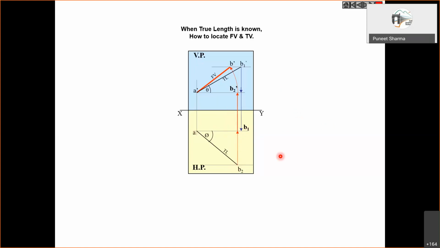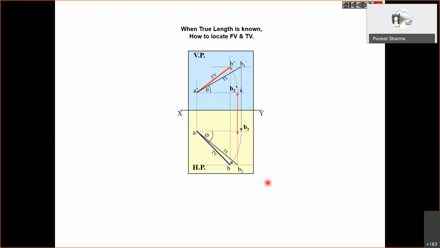So again both the conditions are to be superimposed. So this AB1 can be brought, after rotating it, to this level. This will actually give us the location of the top view.